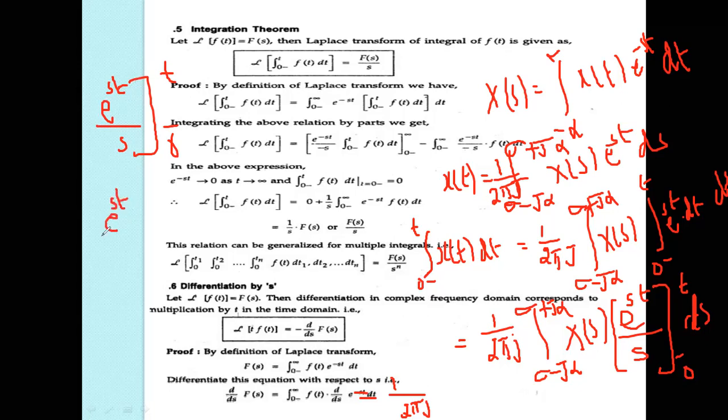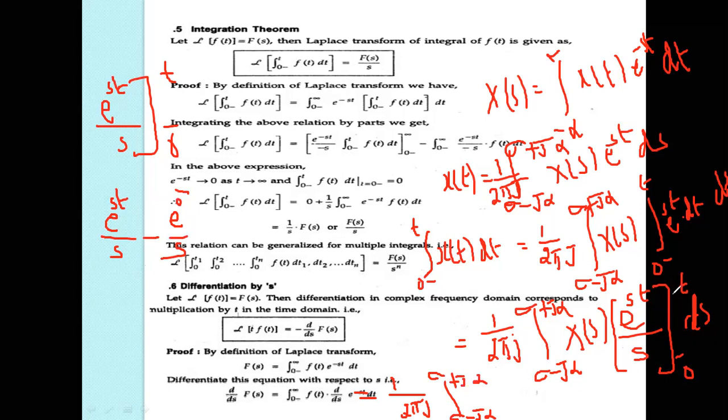The same will give e power st by s minus e power 0 by s. E power 0 is 1, so minus 1 by s is there here. Again, integral sigma minus j infinite to sigma plus j infinite.